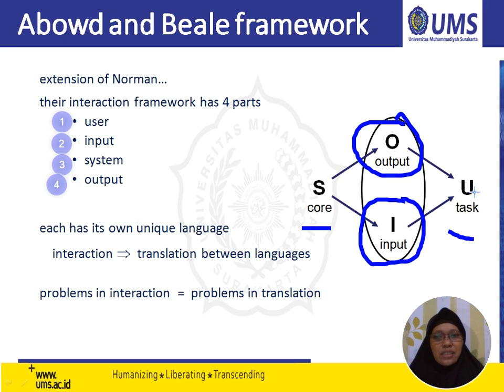The user has a task and the input, and this is the system and also the output. Each has its own unique language because the interaction is like a translation between languages. This framework says that the problem in interaction is the problem of translation between the user and the system.